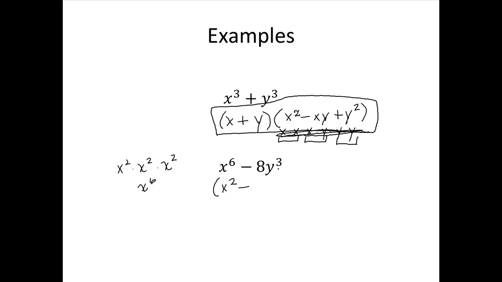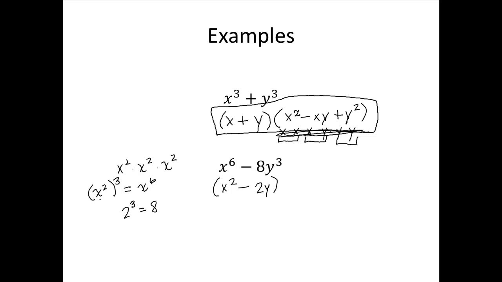Is 8y cubed a perfect cube? Yes, it is, because 2 to the third power is equal to 8. y to the third power is y cubed, so my base is 2y. And if it helps you, write an extra step in here to say, okay, so that means I have x squared to the third power, and that's equal to x to the 6th, which is what I had.